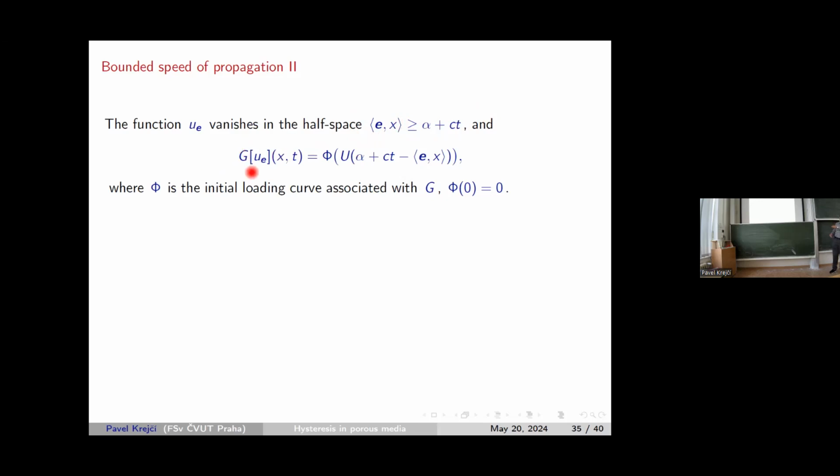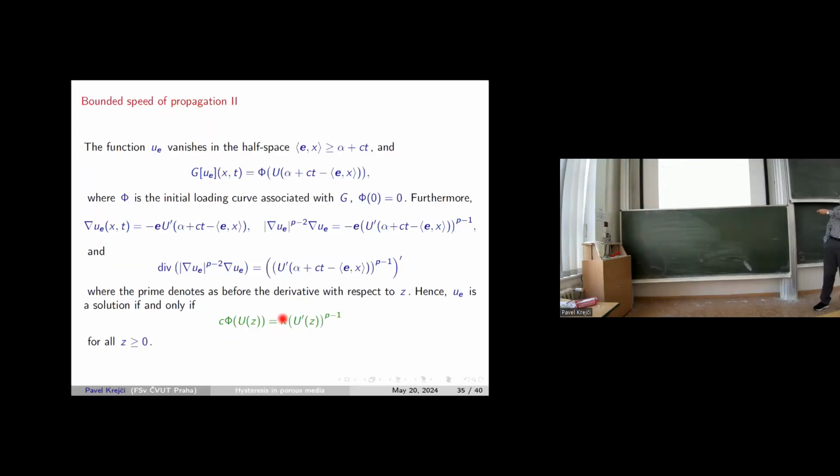And now, u is a solution of the problem if and only if c, the speed of propagation, satisfies: phi of u, where phi is the initial link curve of the Isaac operator, is equal to kappa, the permeability, times u prime of z to the power p minus 1.